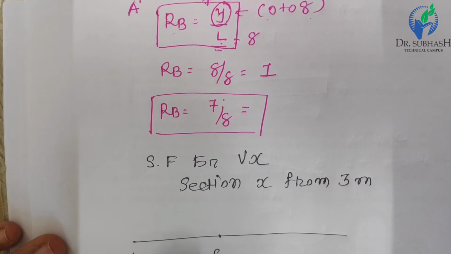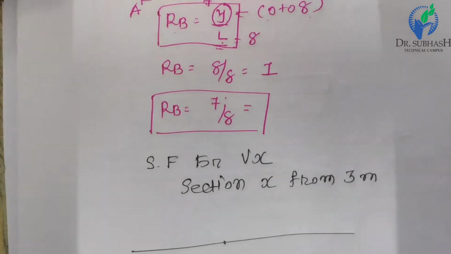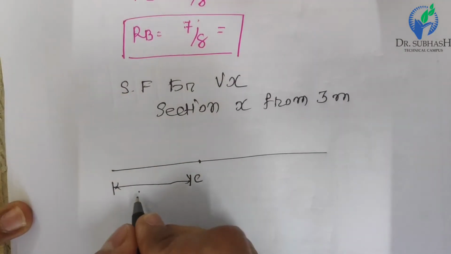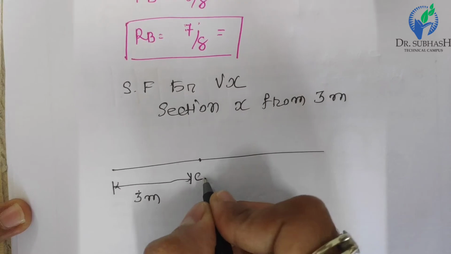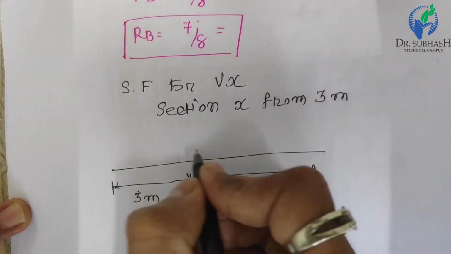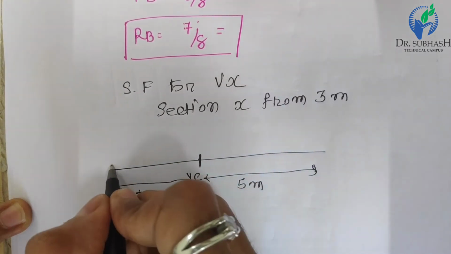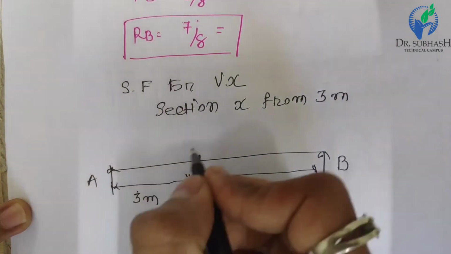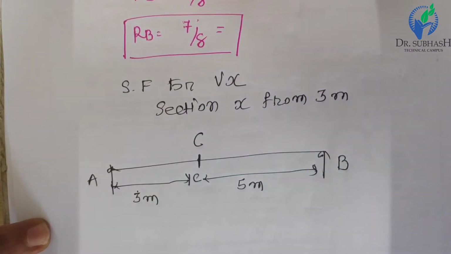C is given at 3 meters. So the remaining span is L minus x, which means 5 meters. Now we have to find the shear force at point C.